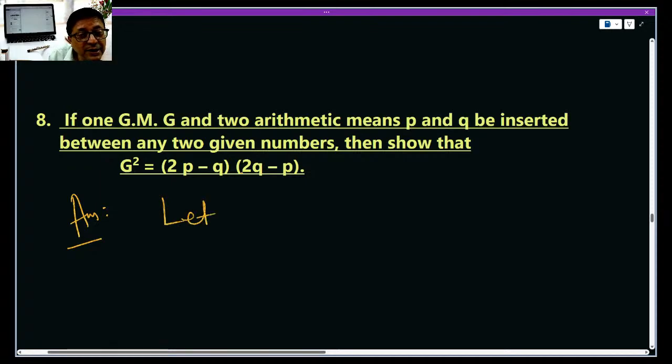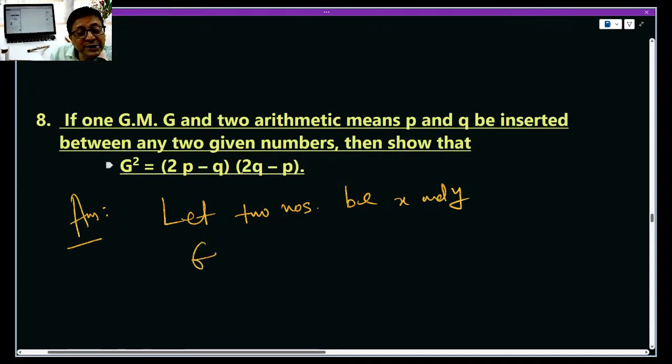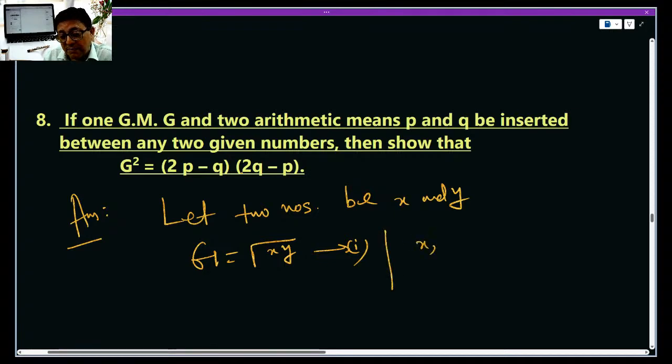Let the two numbers be x and y. Then you know the geometric mean is root over x into y. This is number 1. And two arithmetic means between x and y are inserted.